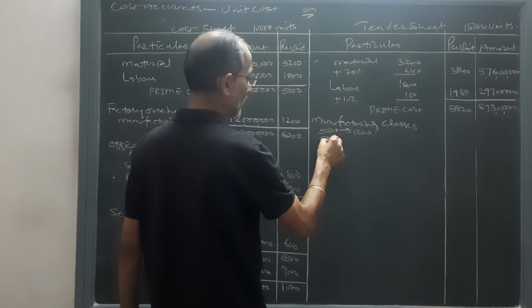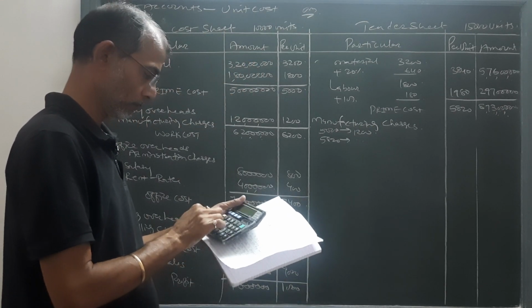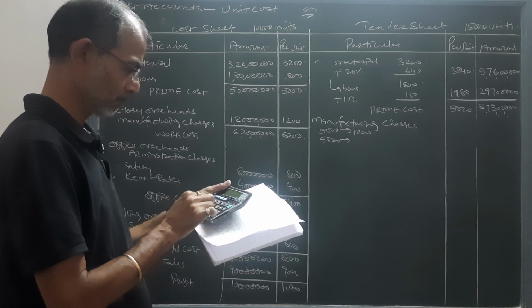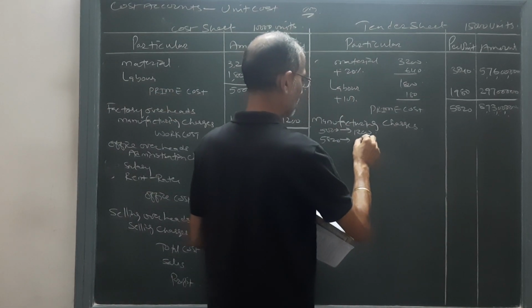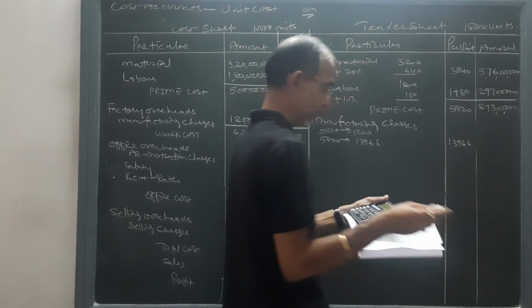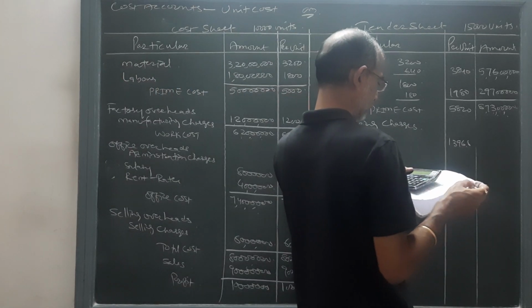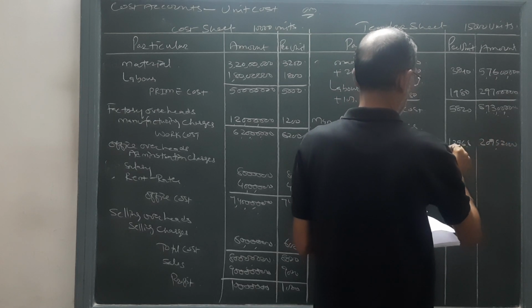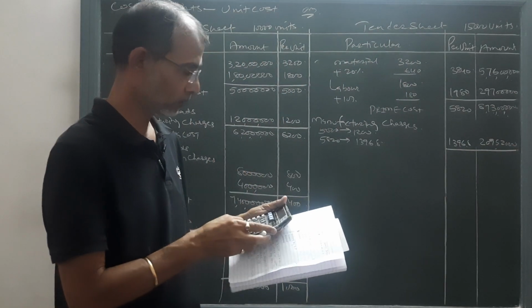So on 5,820, it will be 1396.8 into 15,000, that is 2 crore 9 lakh 52,000, and this will give us work cost.